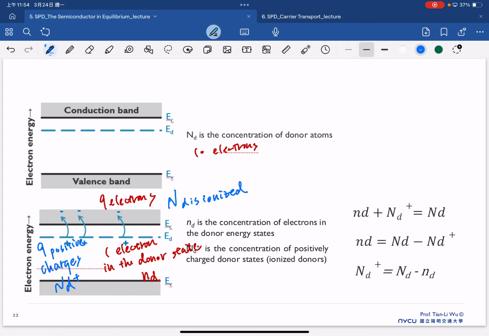From this, you can understand that in the end your total is 10, which will be equal to this plus this.